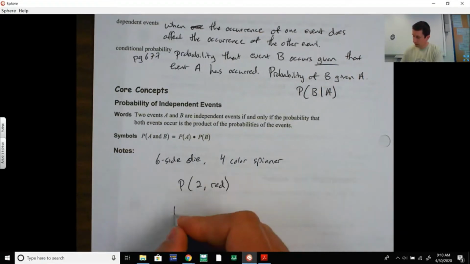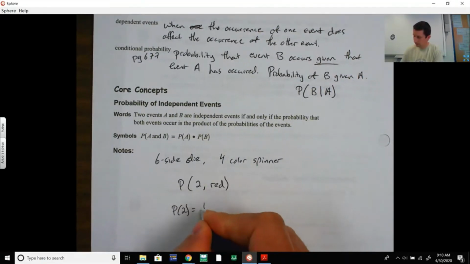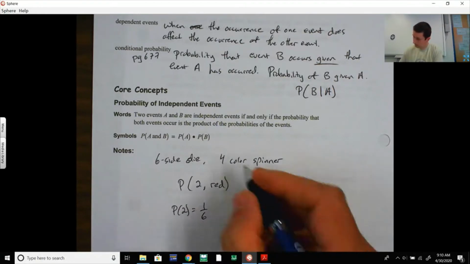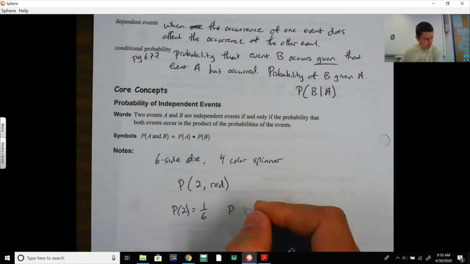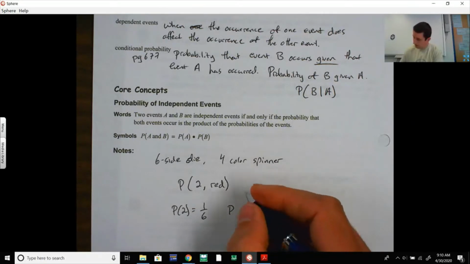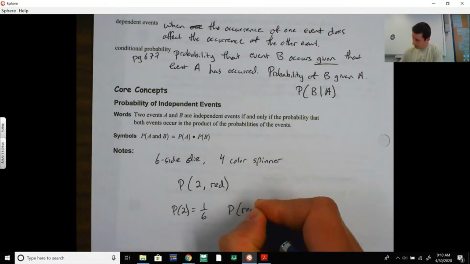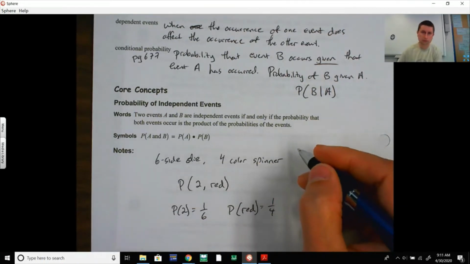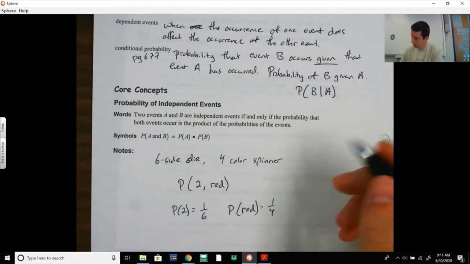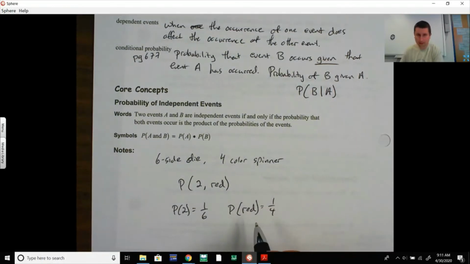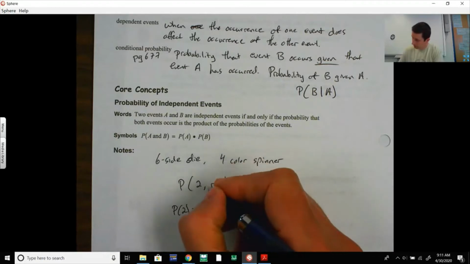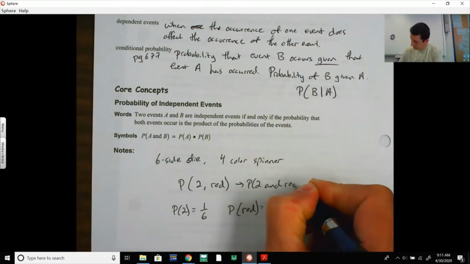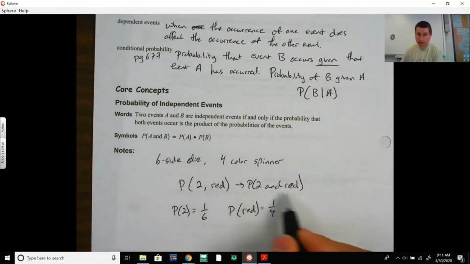The probability of rolling a 2 is going to be 1 out of 6. The probability of getting red is going to be 1 out of 4. Let's say the 4 colors are red, blue, purple, and black. Make a bruise with purple and black. So this should actually be written probability of 2 and red.